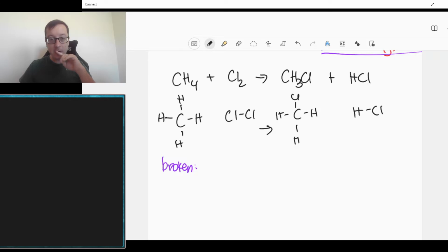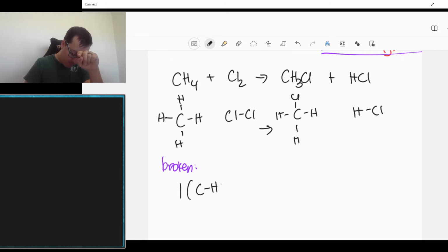In the products, though, we only have 3 CH bonds, which means we are breaking 1 CH bond. Right? Methane has 4 CH bonds, chloromethane has 3 CH bonds. So we've only broken one. We're also going to break the Cl-Cl bond, since we have no Cl-Cl bonds in the products.